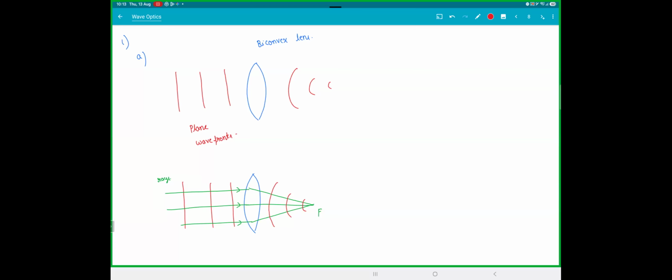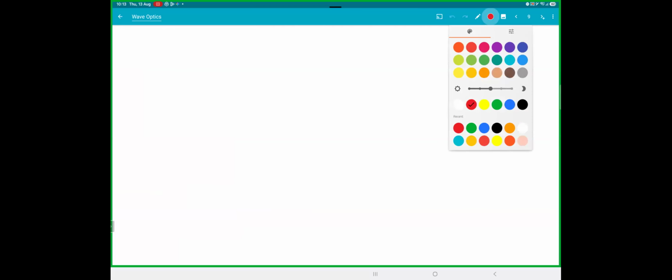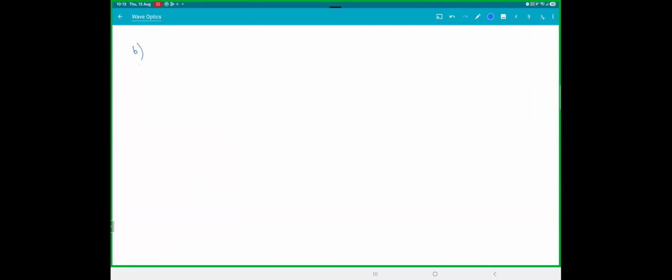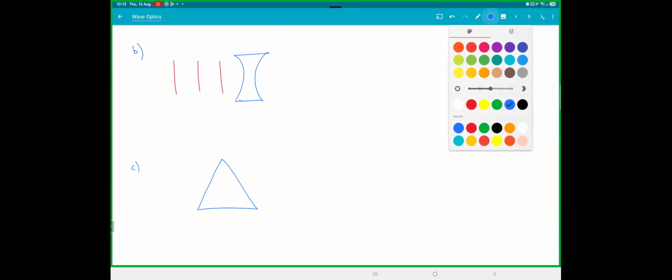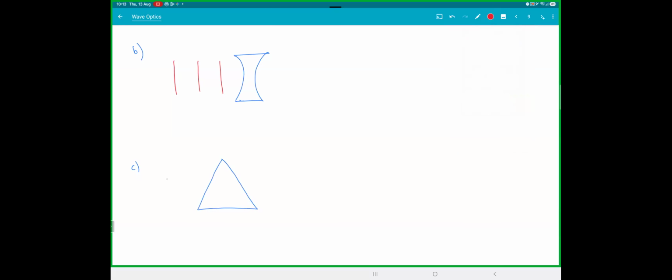Everyone clear with this? Let me ask you one more. Now you guys try to draw. Same thing. Suppose I give you a diverging lens. Again, if I give you plane wavefronts, what will come out from that side? How will it look? Suppose I give a prism, and I give you a plane wavefront, then what will come out from the other side?